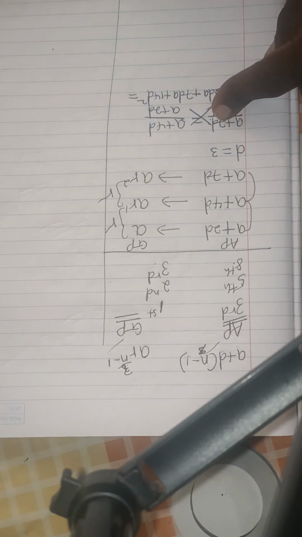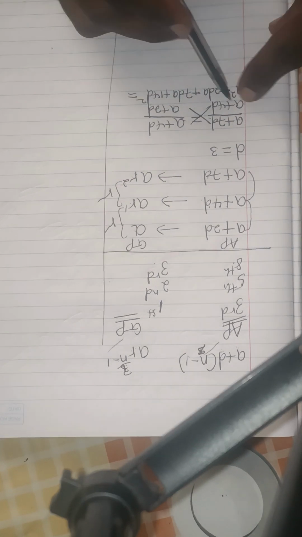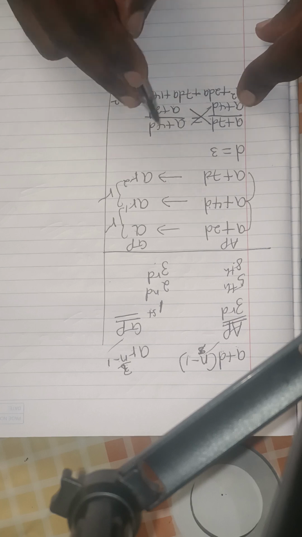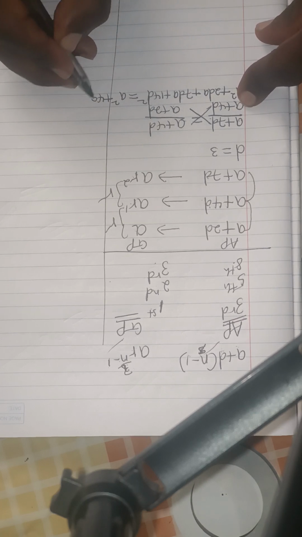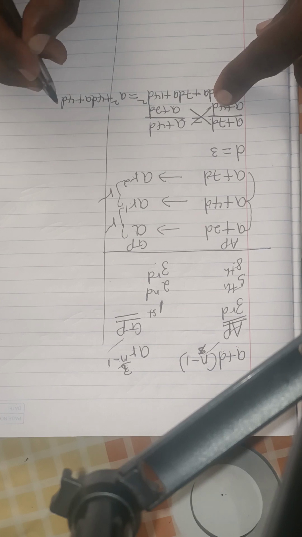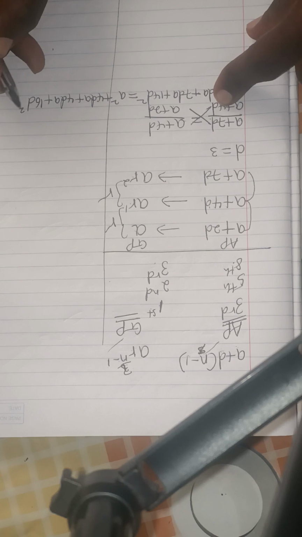And this must be equal to, let's come to this. a times a, that is a squared, then a times 4d, that is 4da, then 4d times a, that is 4da, then 4d times 4d, 16d squared.